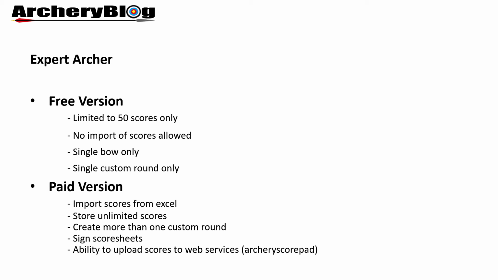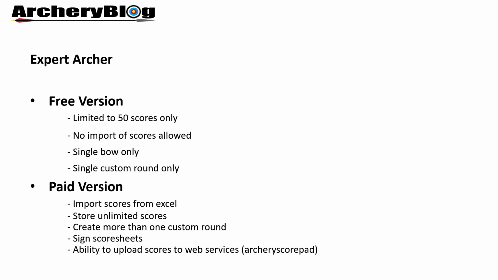Right, so let's just have a quick look at Expert Archer and see what you get in the free version and what you get for your paid version. As I say, the paid version is about £1 a year, $1 a year, something like that. The free version is limited to 50 scores. You can't import scores. You can only set one bow up, and you can have a custom round, but only one of them. So it's a little bit limited on the free version.